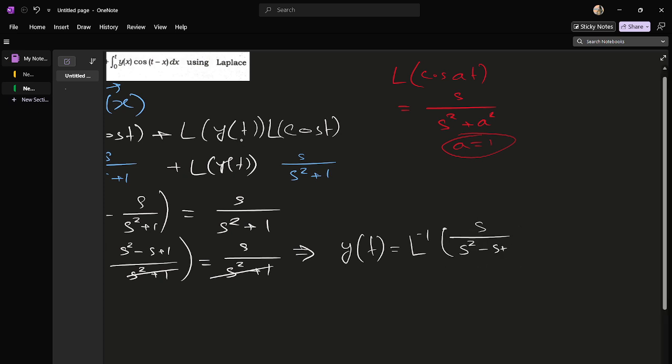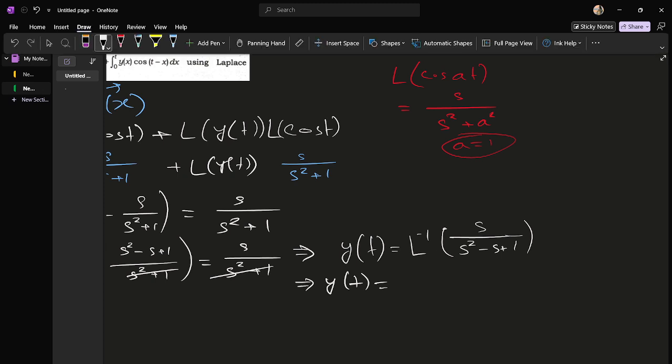Now what can be done? In our former formula, the Laplace transformation of cos at equals s by s square plus a square, we can't use it in this form. So we can do it via this method.